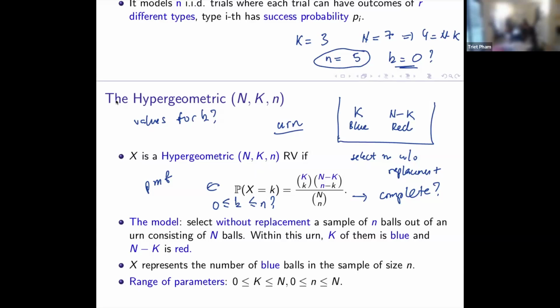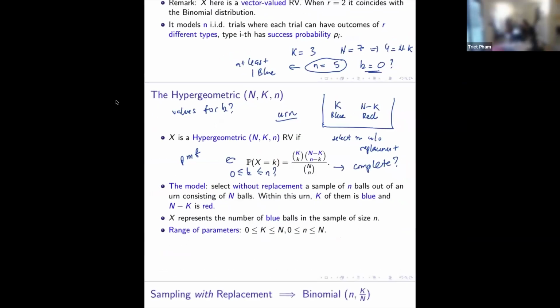The answer is no, because there are 4 red balls. So at most I can have 4 red balls in my sample, which means I have to have at least 1 blue. So k is bigger than or equal to 1 in this particular example. Do you understand?